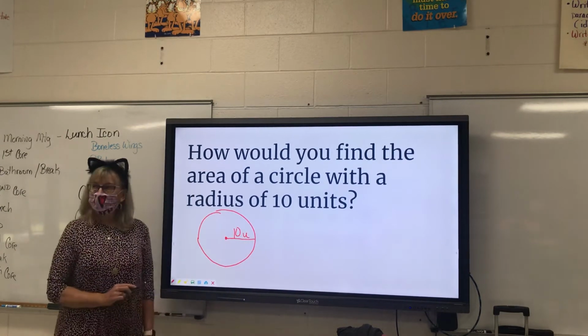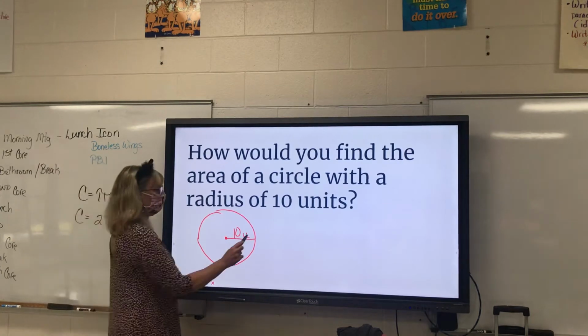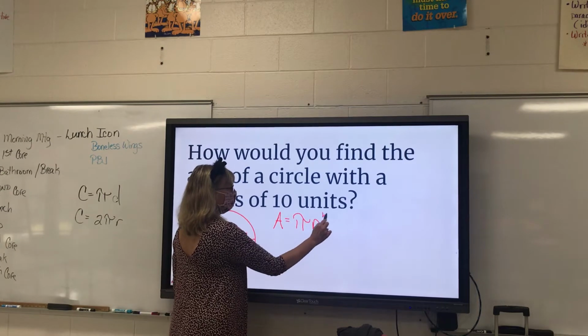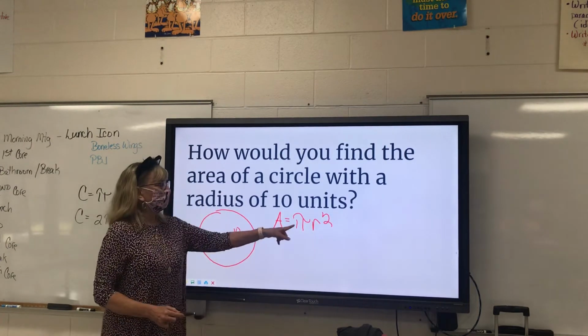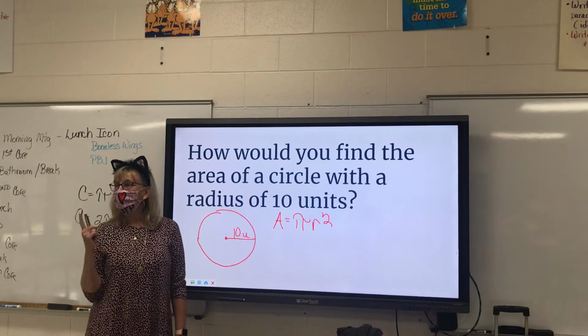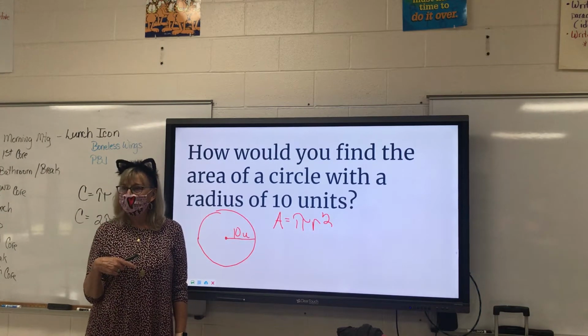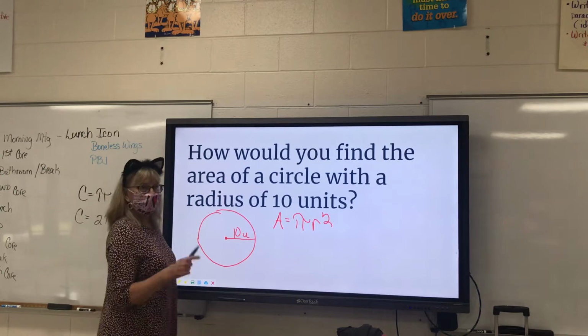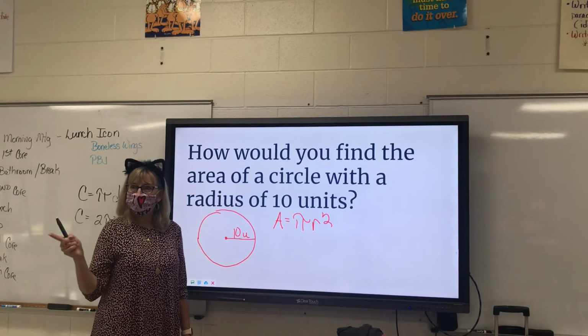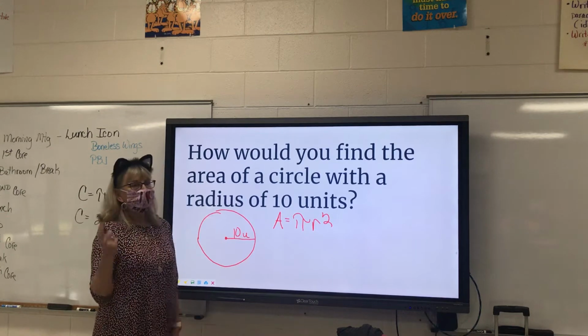What was the formula for area of a circle? Area equals pi r squared. Apple pies are squared. You can do cherry pies delicious, apple pies are squared. That's how I remember it. Cherry is circumference equals pi d, cherry pies delicious, apple pies are squared.